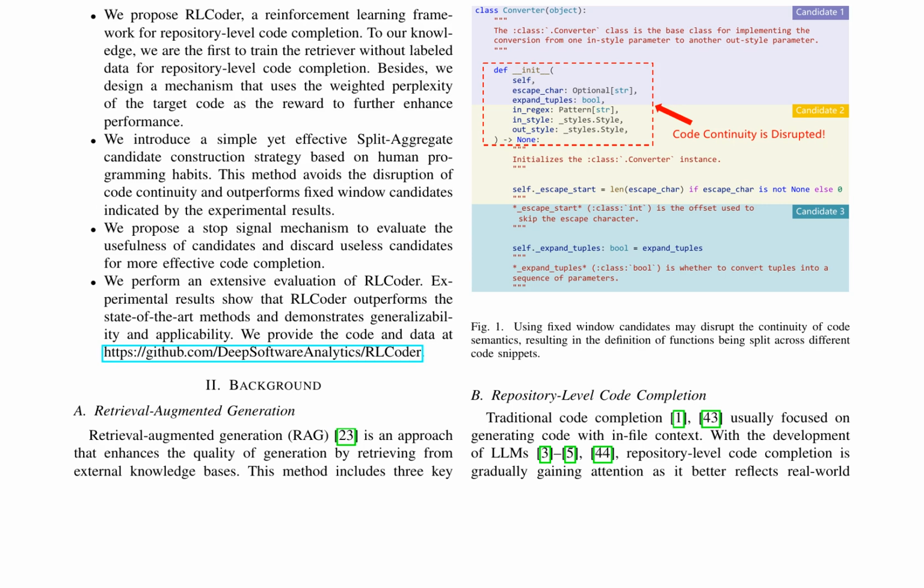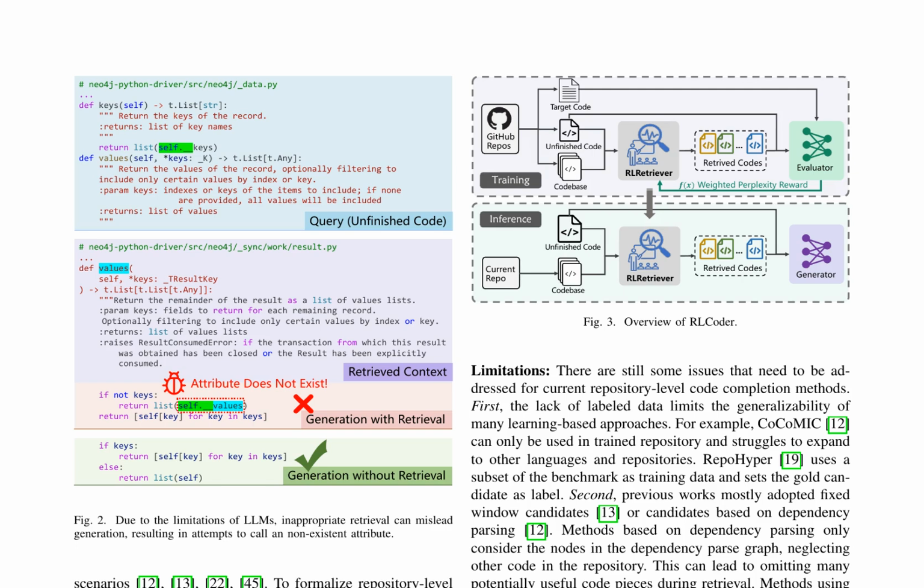Experimental results show that RLCoder outperforms the state-of-the-art methods and demonstrates generalizability and applicability. We provide the code and data at https://github.com/deepsoftwareanalytics/RLCoder. The paper discusses the development of a reinforcement learning framework for repository-level code completion, named RLCoder.